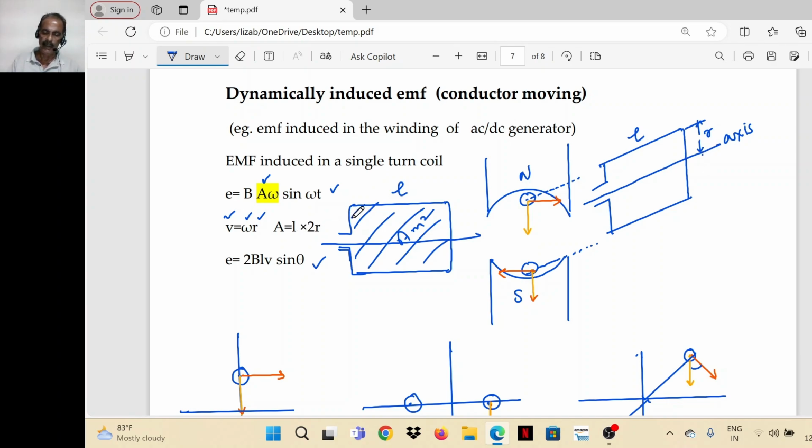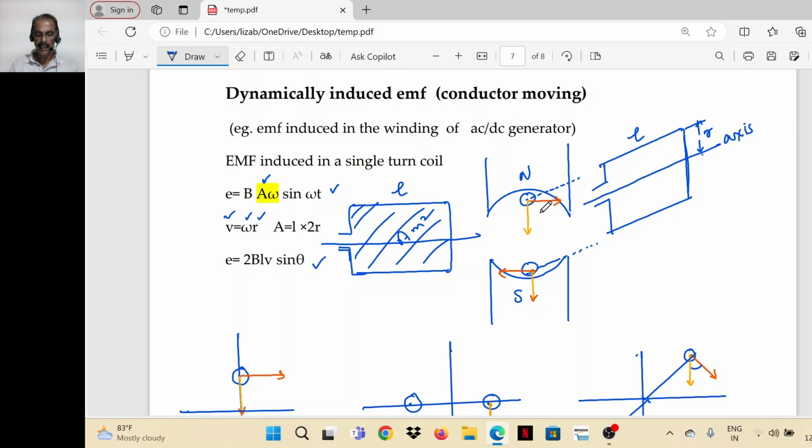So area of the loop is L into this length. This length is r plus r, 2r. So substitute it: in place of A, put L into 2r, and in place of omega, put v by r. You will get E is equal to 2 B L V sin theta volts. So this is the EMF induced in a single turn coil.